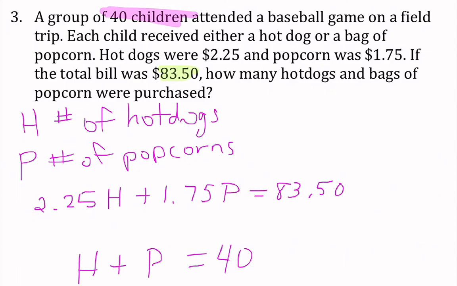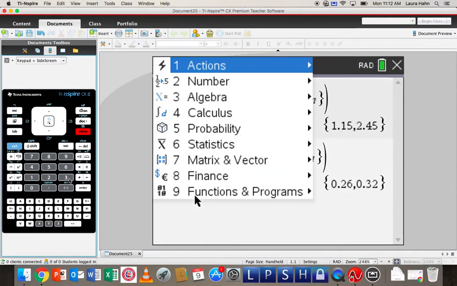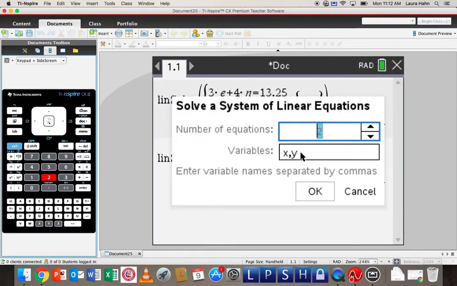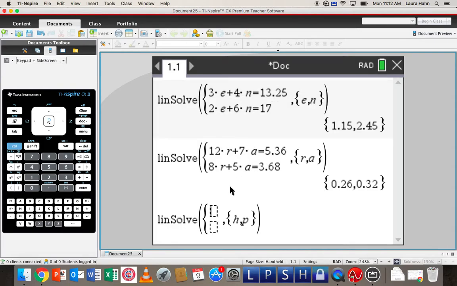All right, so now that I have my two equations, I'm going to go type it into my calculator. I press menu 3, 2. I do not want to use the variables x and y. Instead, on this one, we wanted to use h, comma, p. My first equation is 2.25h plus 1.75p equals 83.50. Then h plus p equals 40.